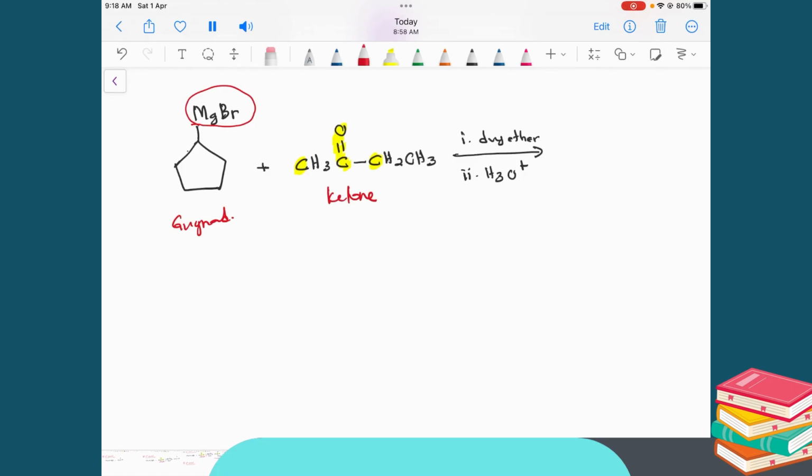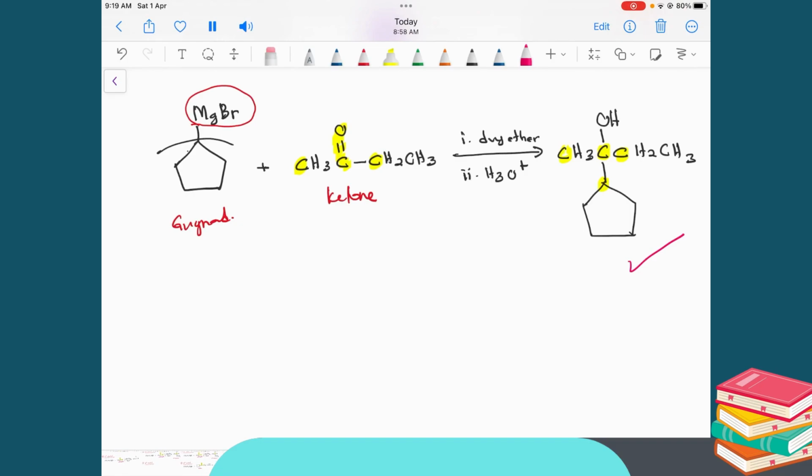When it passes through dry ether followed by hydrolysis, what is our expected product? We assume it is supposed to produce a tertiary alcohol because of the reaction with a ketone, but let's check. OH, and then we take the alkyl part, which is a cyclopentane, with the carbon bonded to another 3 carbons. So yes, it is true. It is a tertiary alcohol.